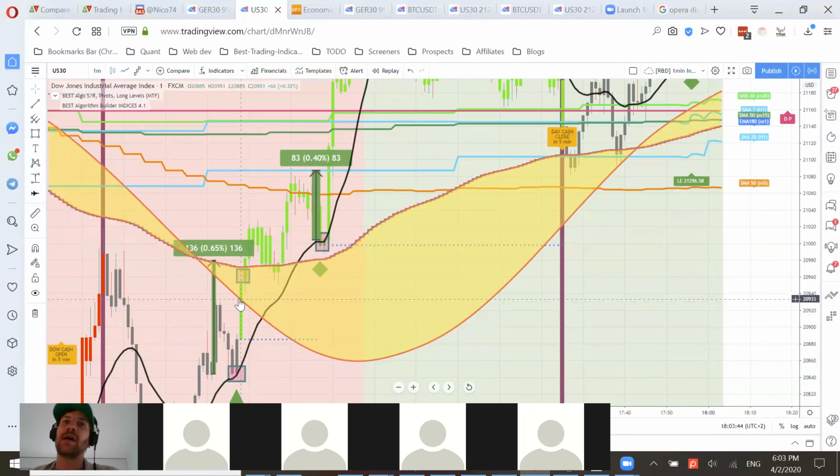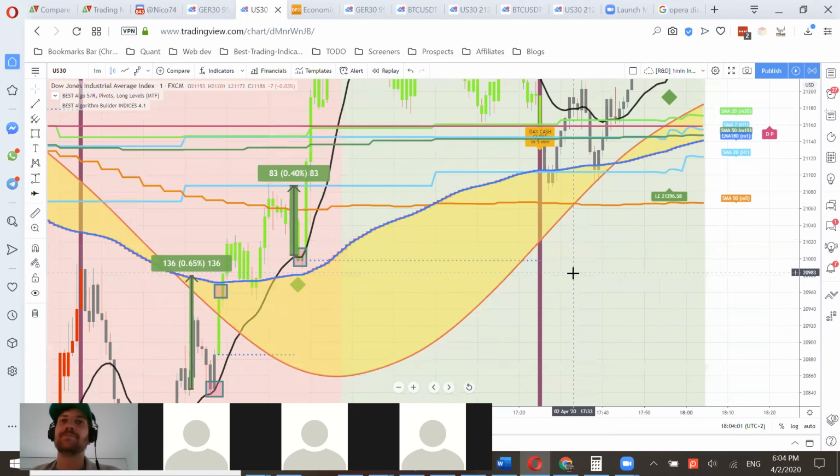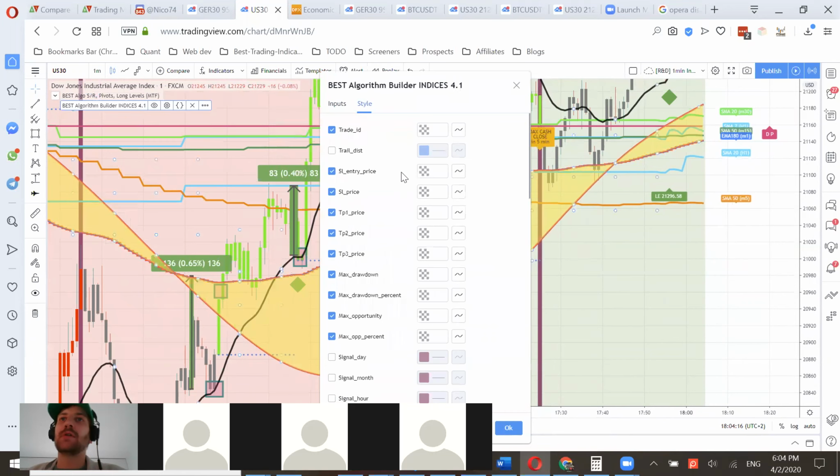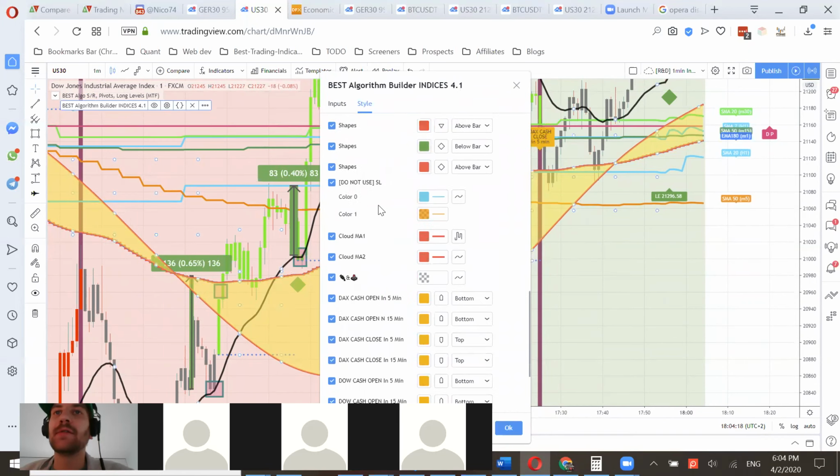So the reason you should not set your stop loss to break even here or take profit here is because the only support and resistance to consider for your stop loss break even and take profits are all those SMAs and the EMA, but this one, no. This one, no. So let's see if I can hide.